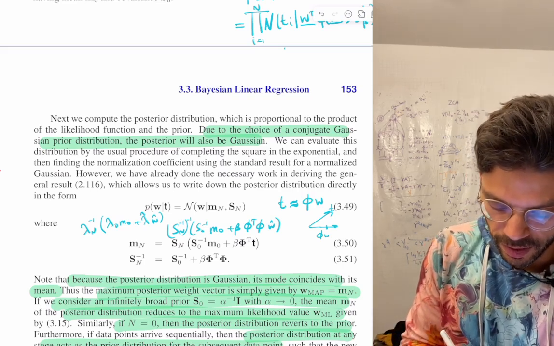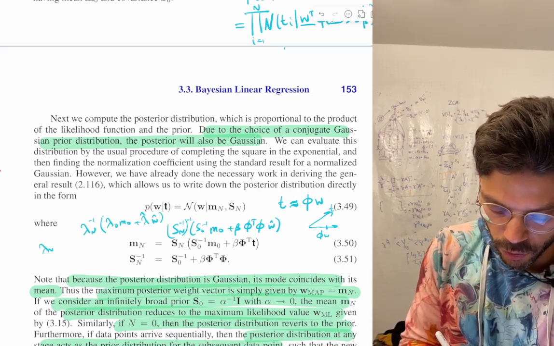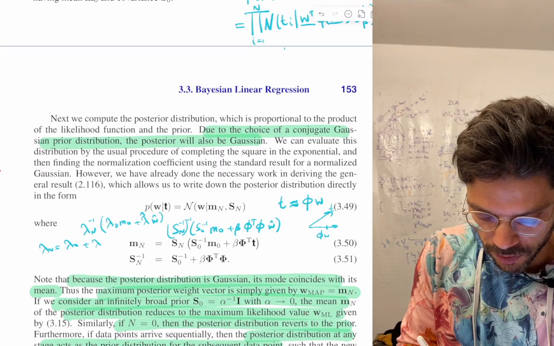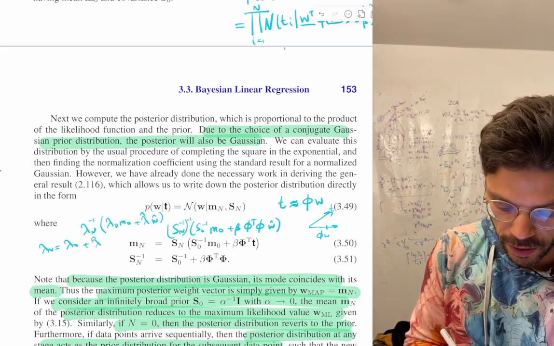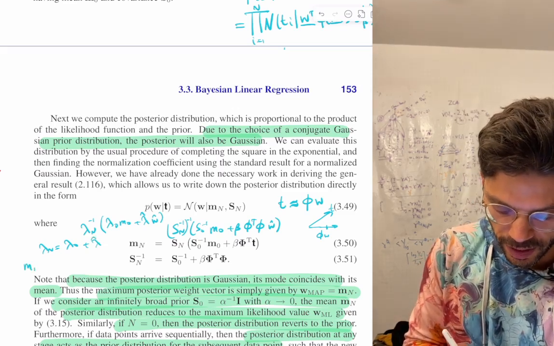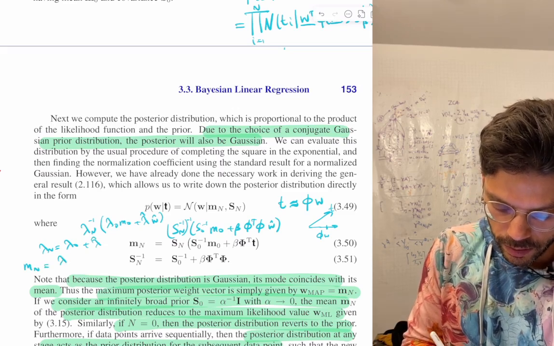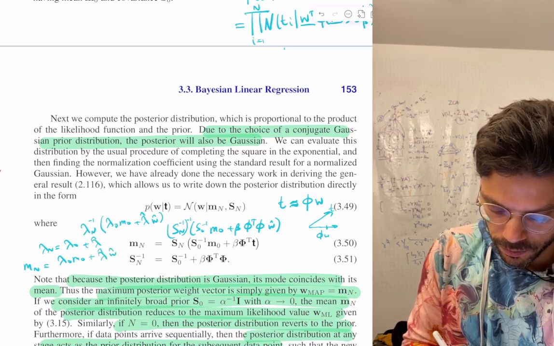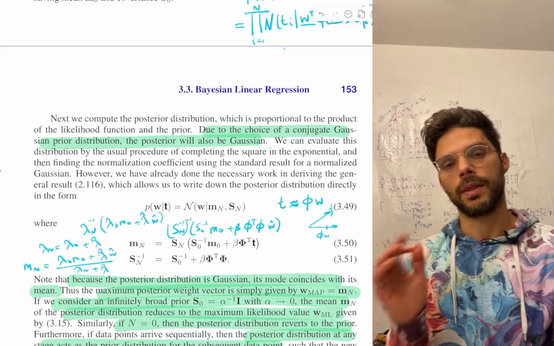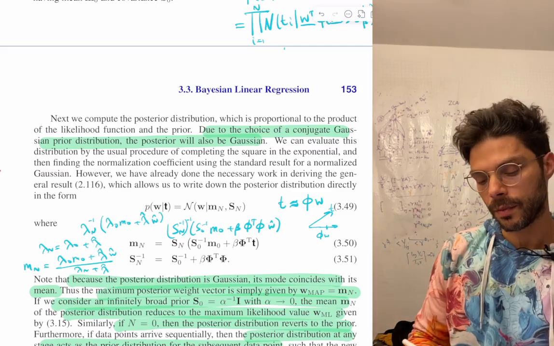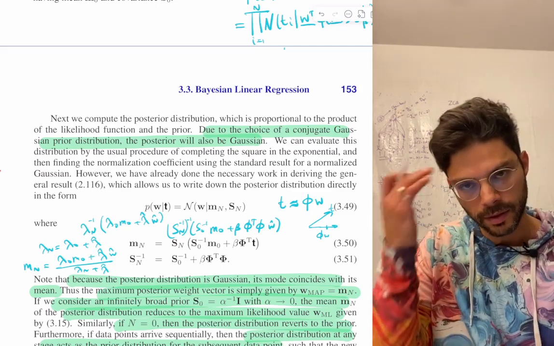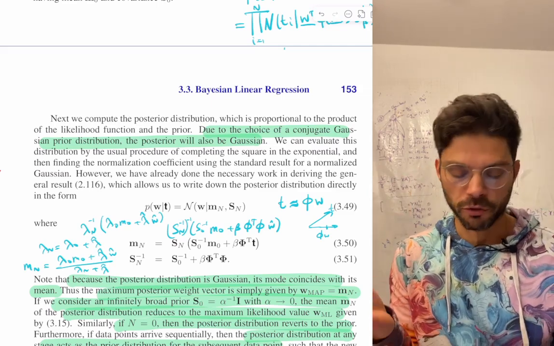Remember, lambda n was just equal to the precision from the prior plus the precision contribution from the data. So in the end, your estimate after n steps was a weighted combination of the input from the prior and the input from the data. This is exactly the same thing here. So if you just remember that, you will remember this formula.